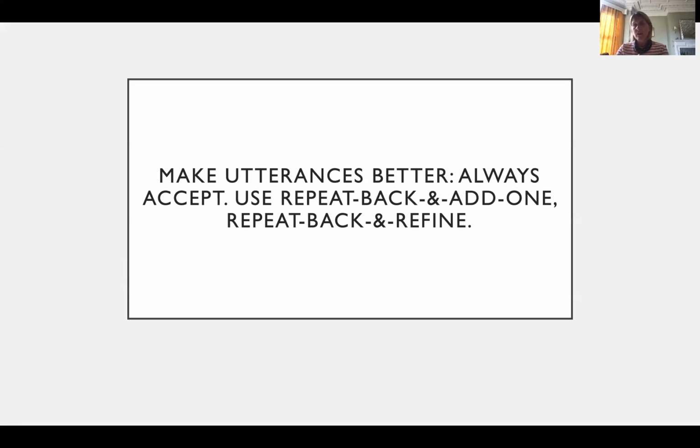All of these strategies are always underpinned by me accepting the child's turn. There is no kind of sense of correction or not, I really want to keep that conversation going. But what I do is I accept it, but then I use my turn to repeat back what the child has said, but I add another key piece of vocabulary on.